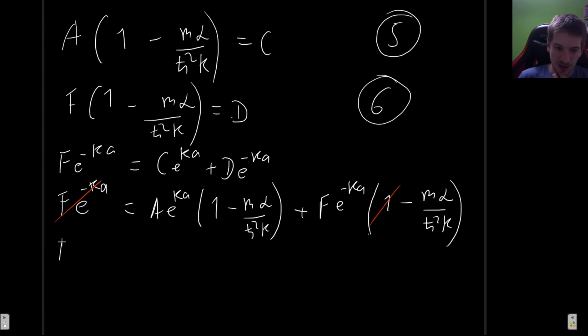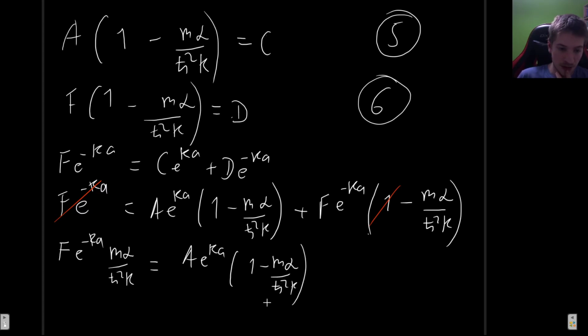So in this case, we're going to get that f e to the minus ka times m alpha over h bar squared k is going to be equal to a e to the ka times 1 minus m alpha over h bar squared k. So this is actually looking pretty similar to what we had before.